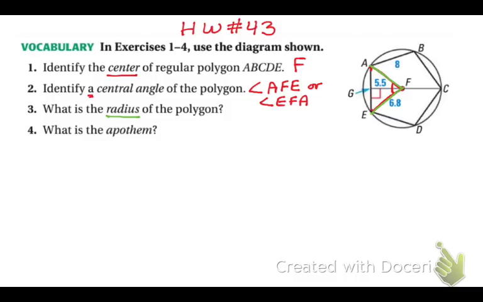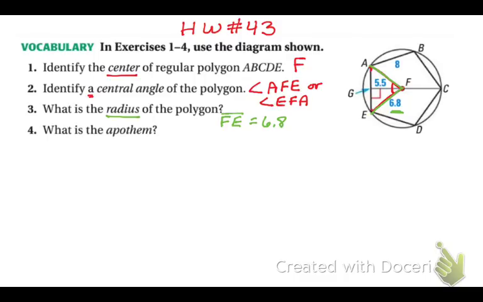So the radius, let's pick FE. And what do we know about the length of that radius? The length of that radius is 6.8. Always very crucial in finding these things out, in analyzing these circles.